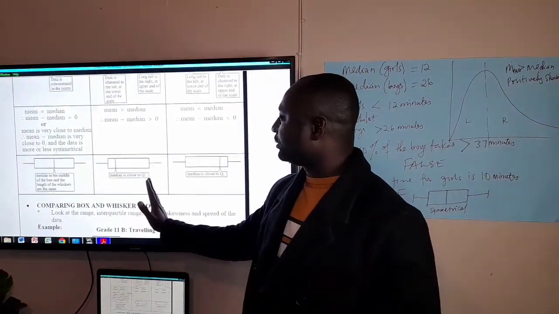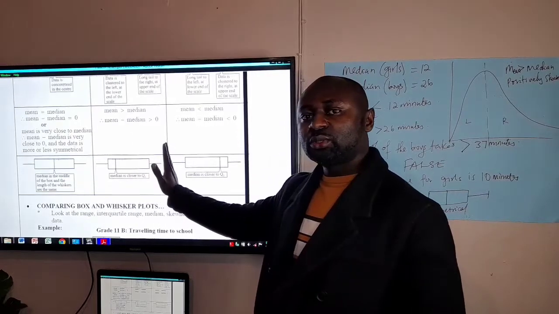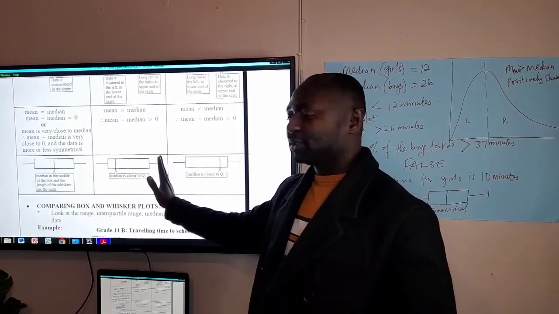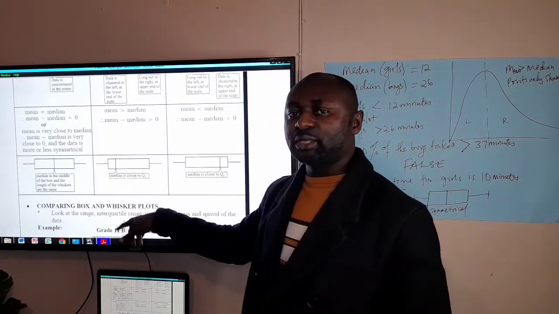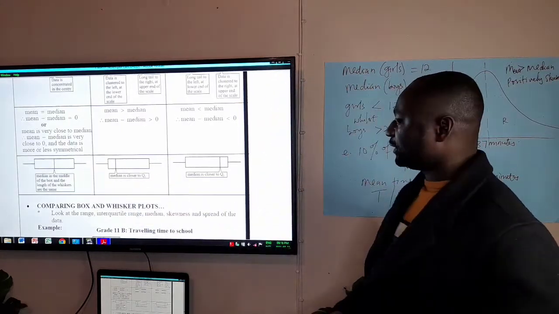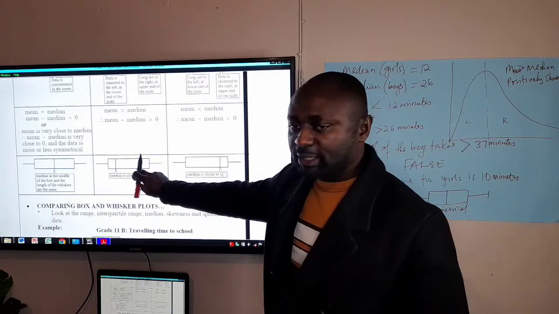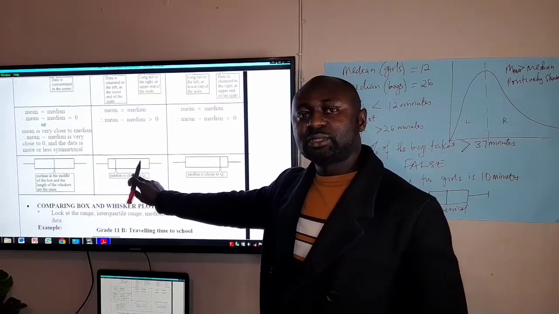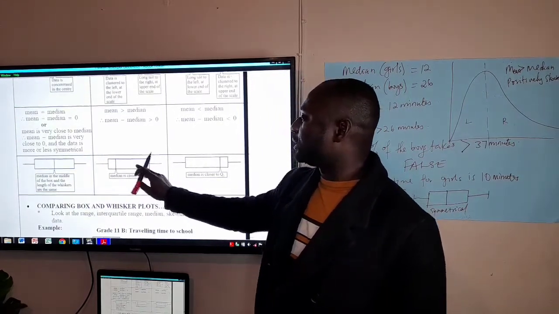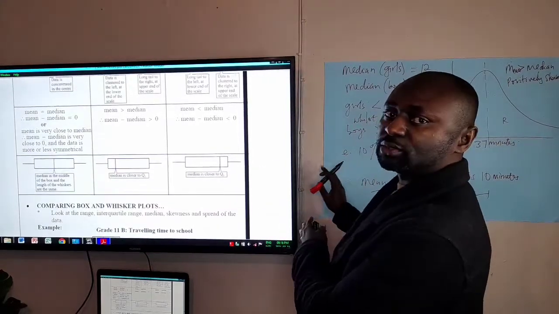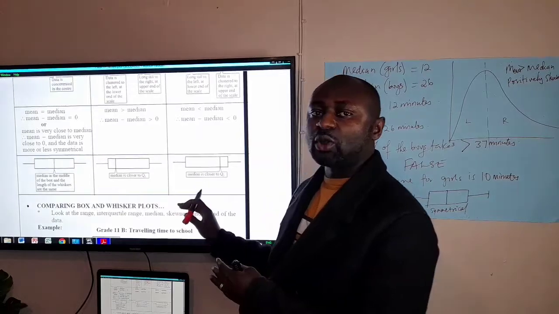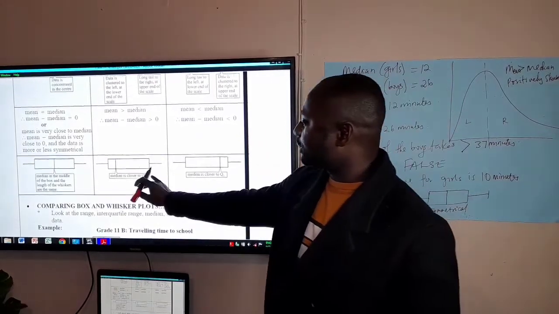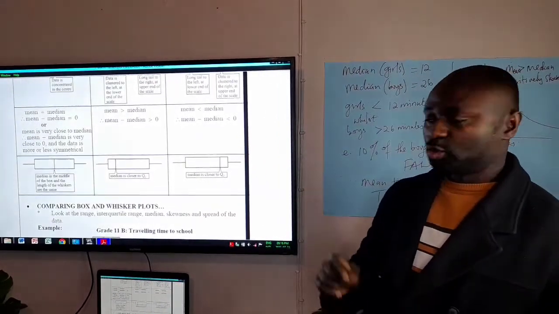So you can see that the data is spread out positively, more to the right. So here you can say the graph is skewed to the right, because the right side has more data spread out than the left side. So we say it's skewed to the right or positively skewed. That is the reason you give.